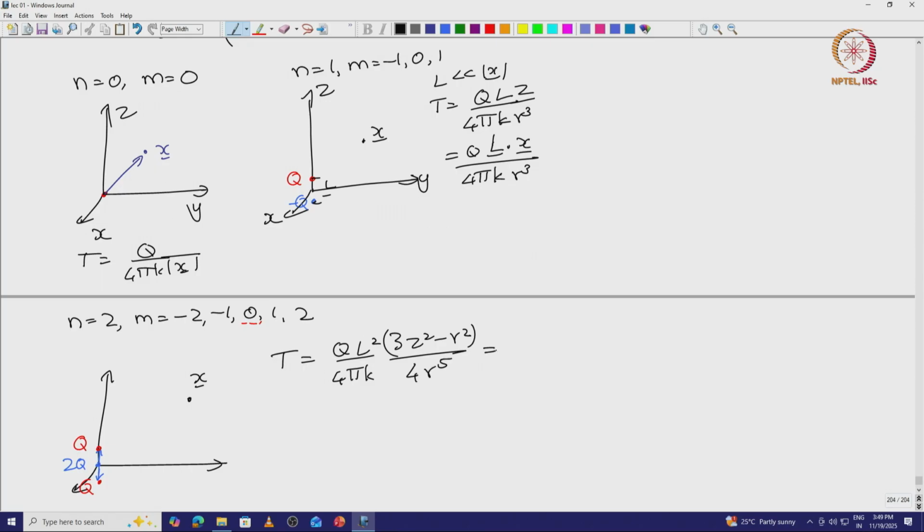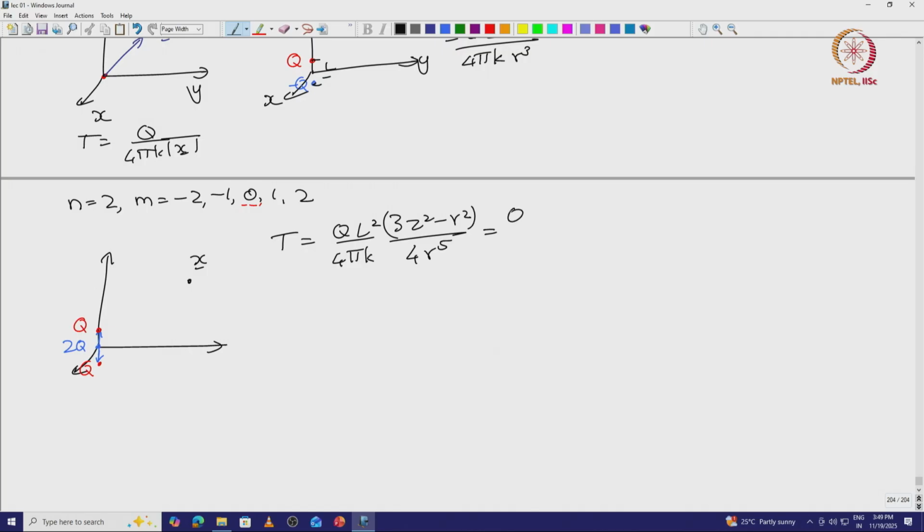It can also be written as q L square by 4 pi k into (3 cos square theta minus 1) by 4 r cubed. It is obvious that this is proportional to 1 over r cubed for all r becoming large. For the source, the temperature decreases as 1 over r. For the dipole, it decreases as 1 over r square. For the quadrupole, it decreases as 1 over r cubed.